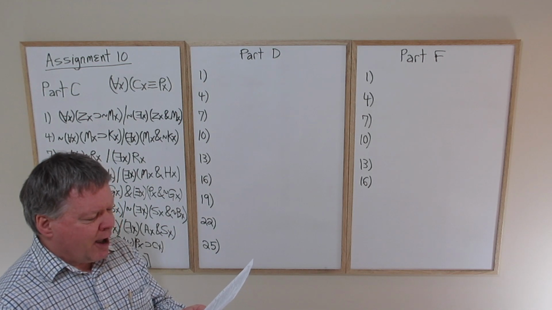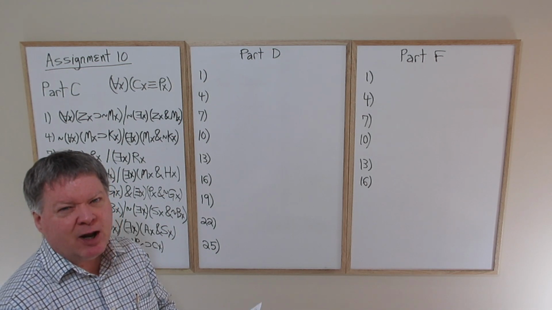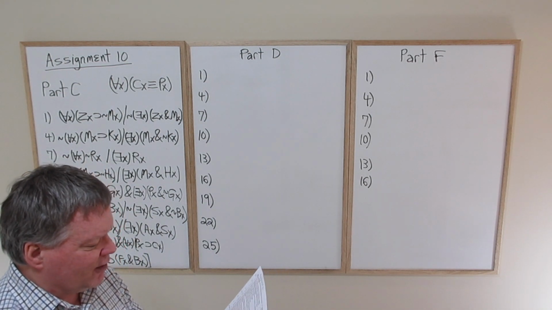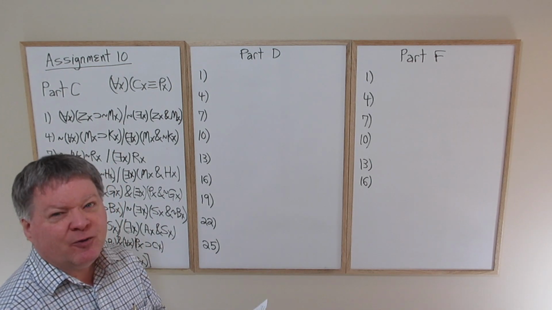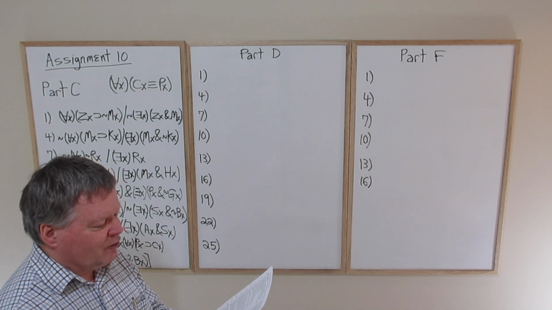A thing is a cat only if it's a mammal. So what's being claimed here is something about the types of things that are cats. A thing is a cat, it fits into that category only if it is a mammal.